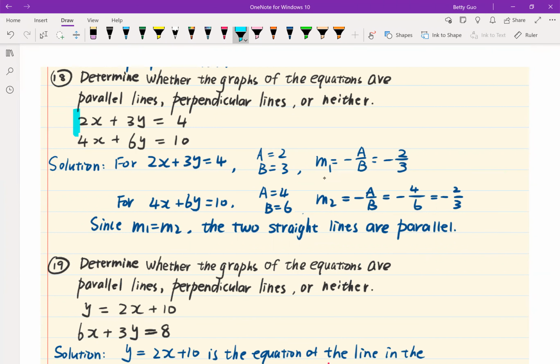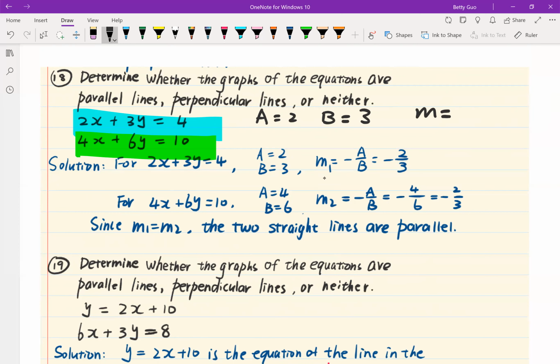Number 18, we do the same thing. We have equation in blue, equation in green. For the blue equation, we identify A equals 2, B equals 3. Slope is negative A over B, so negative 2/3. For the green equation, we have A equals 4, B equals 6.